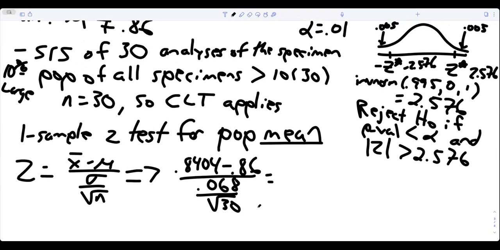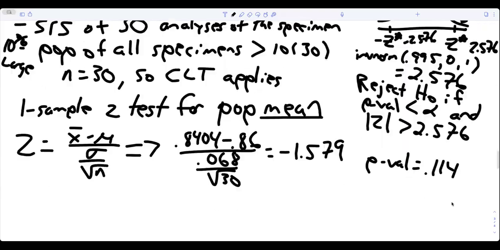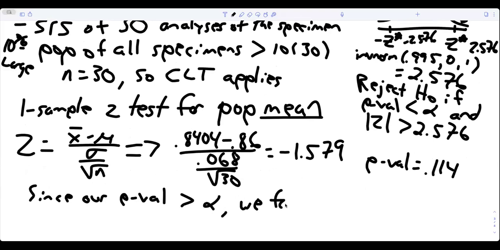So this was negative 1.579. The p-value is 0.114. And so since our p-value is greater than alpha, we fail to reject H0.